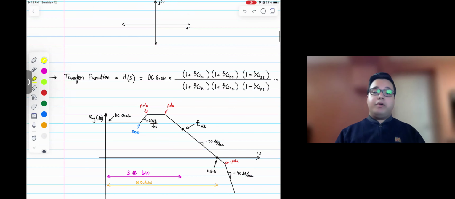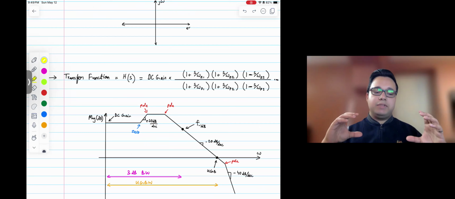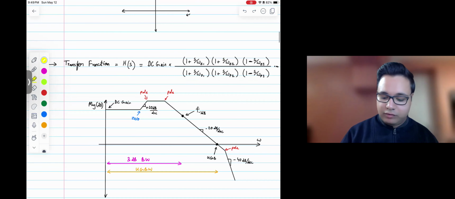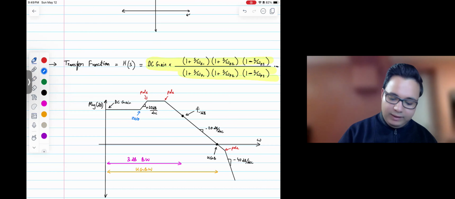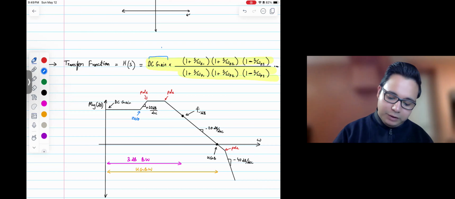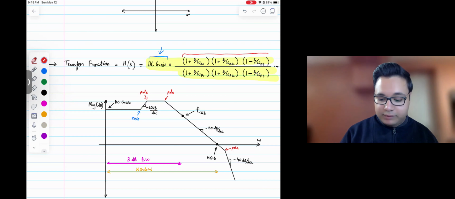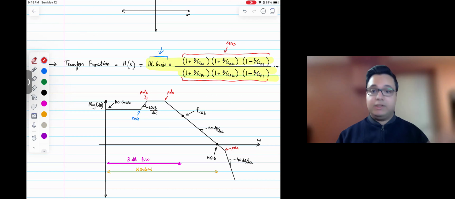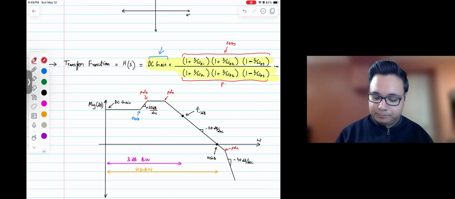And then whenever we have a transfer function, we usually try to simplify it to something of this form, where we have a DC gain as a quote unquote prefix of the equation. And then any S terms that are at the top, those will be the zeros. And any S terms at the bottom would be the poles.